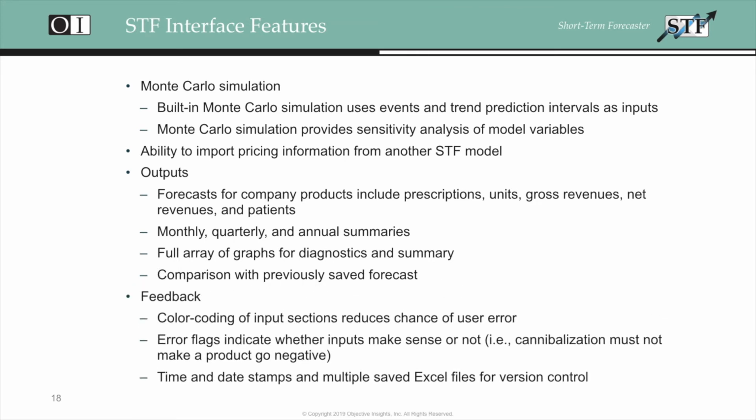And there are certain feedback elements to the model. We color code input sections to reduce the chance of error. We flag errors that might happen to notify the forecaster to change some inputs to prevent that. And then we also have version control through time and date stamping to let you know who changed a section and when they did it.